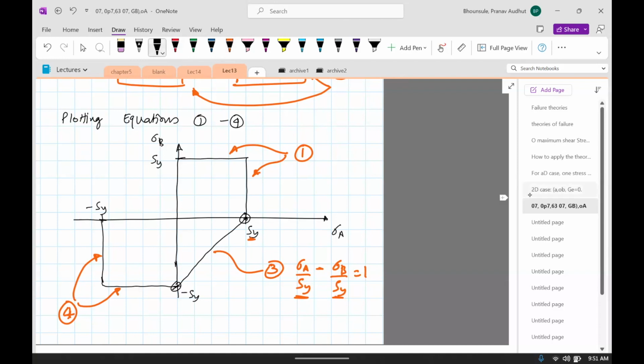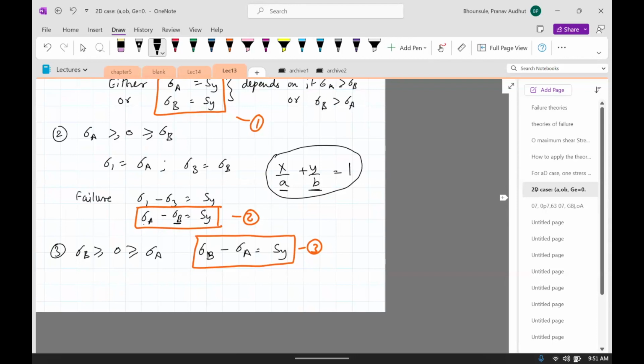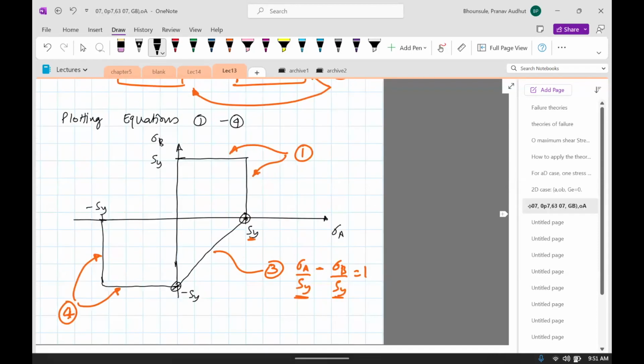Okay, and the last equation is this one, sigma B minus sigma A is Sy. So the y-intercept, sigma B, is plus Sy, which is this, and the sigma A intercept is minus Sy, and so this would be this line. This would be number, my bad, this should be 2.